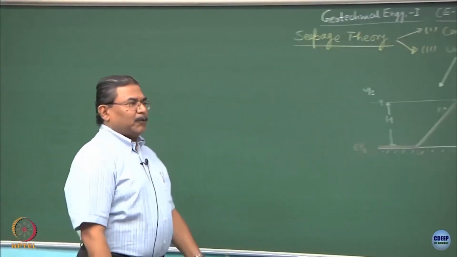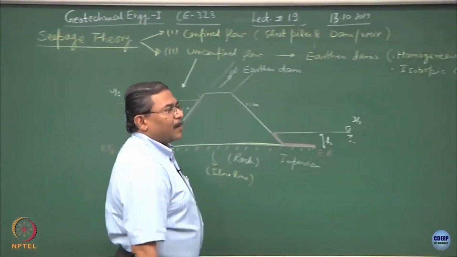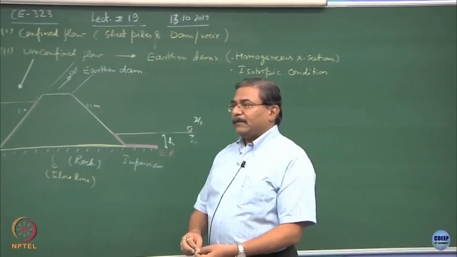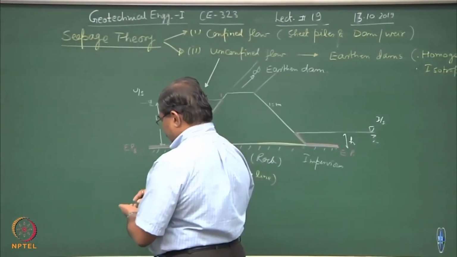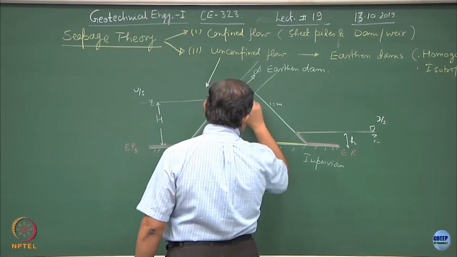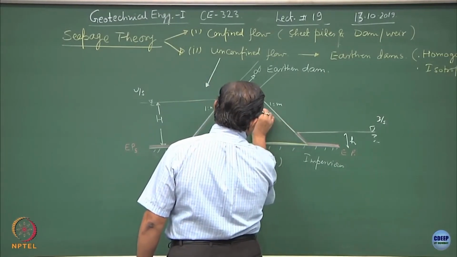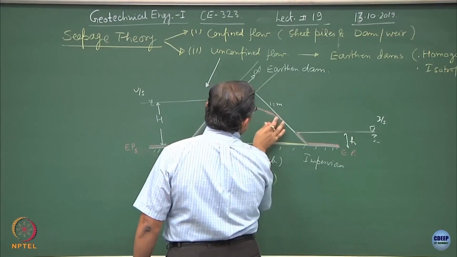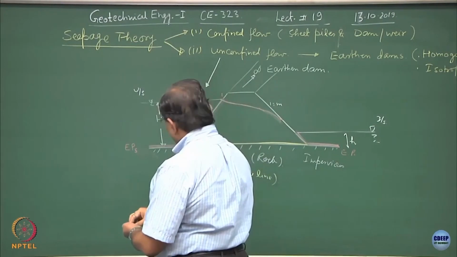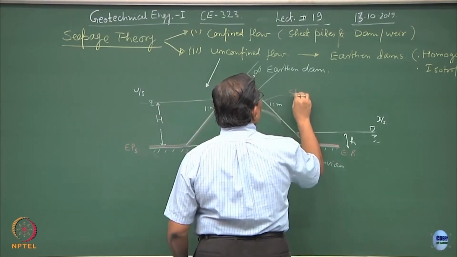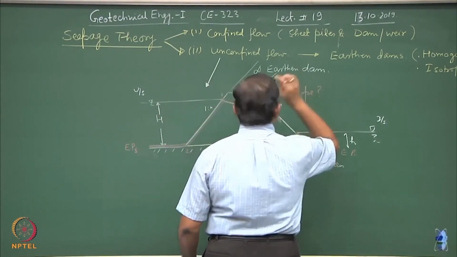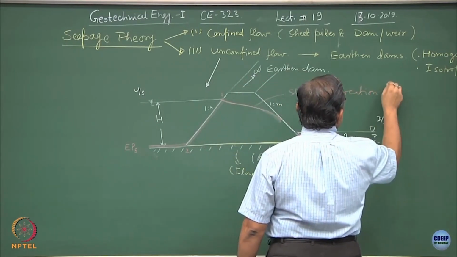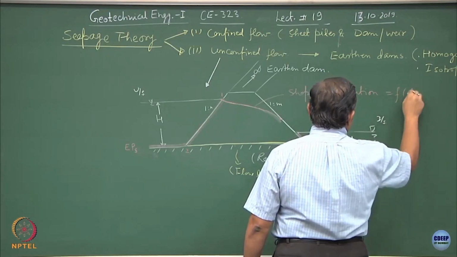Intentionally what I am not trying to show here is the top flow line, because the top flow line is going to be something like this, okay, and we do not know what is its shape, what is its location as a function of time itself.